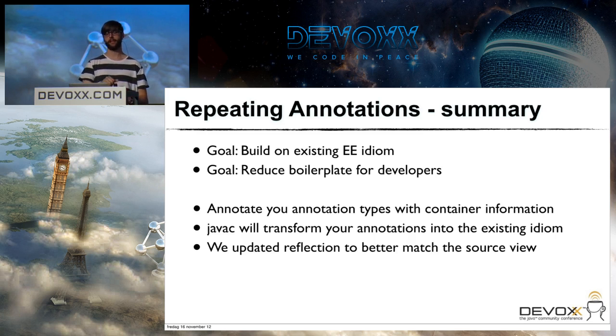The way you do that is you annotate your annotation types with container information, and then javac will do the transformation for you, allowing you to get rid of the manual containers. And we updated reflection to better match the source view instead of what is in the bytecode.